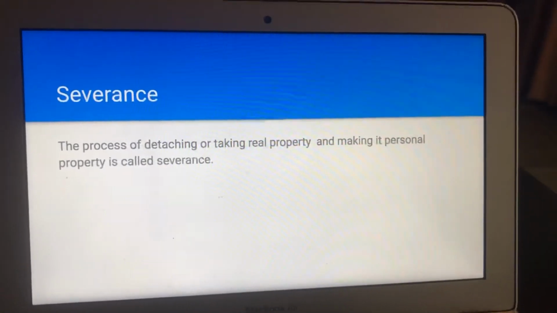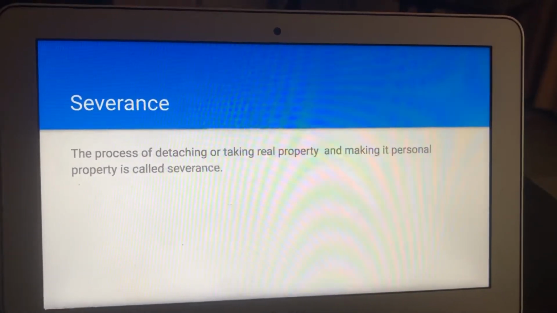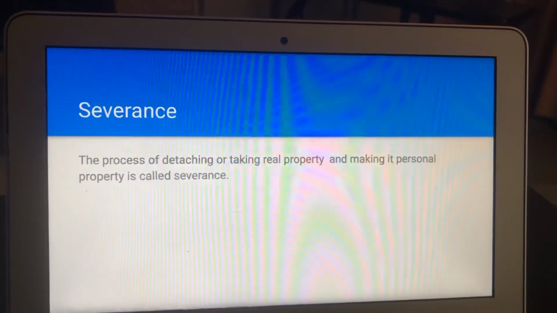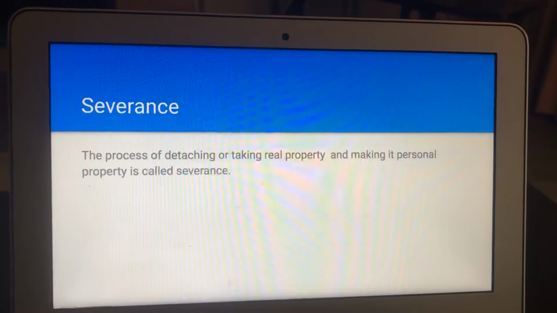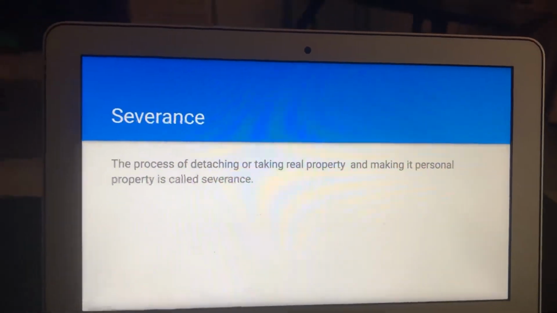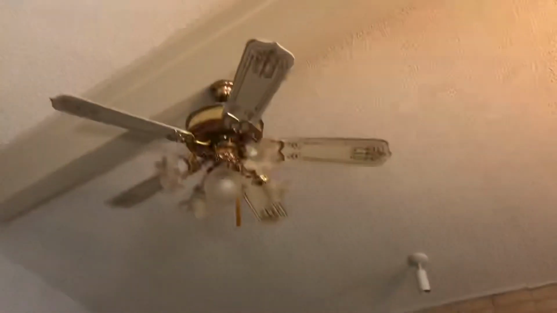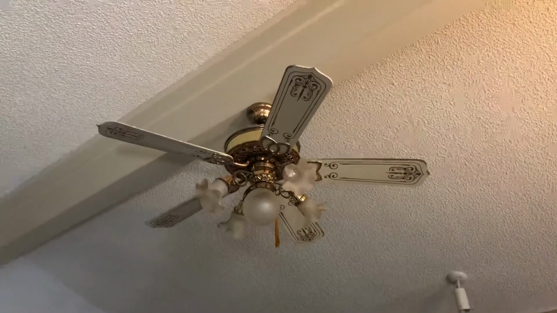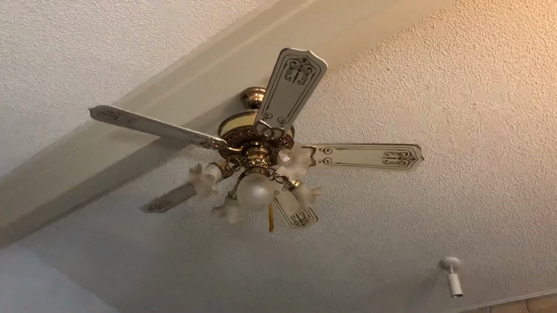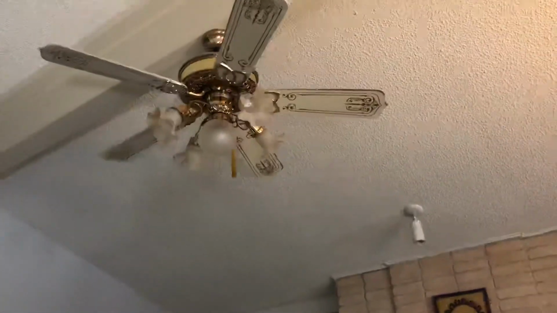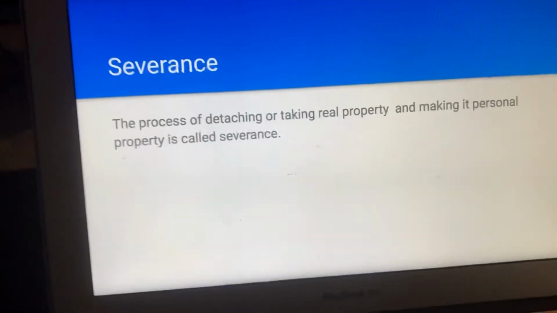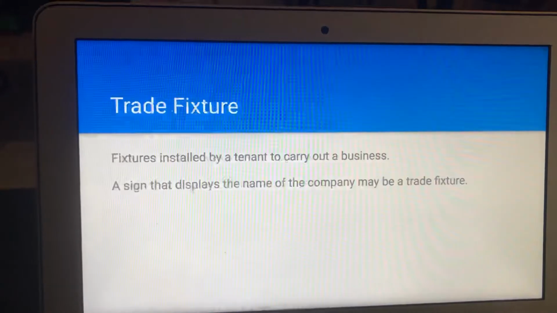Severance. Severance is the process of detaching or taking real property and making it personal property, and that's called severance. So if I take the ceiling fan down, once I take it down, I'm severing that from the house and it becomes personal property again.